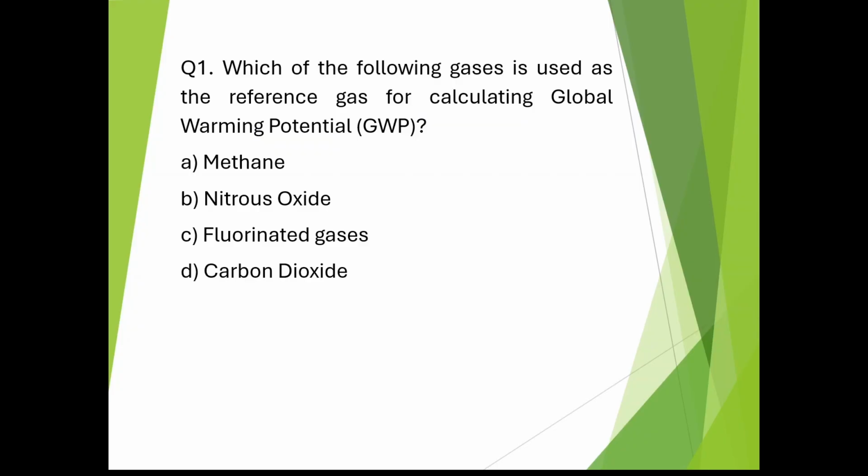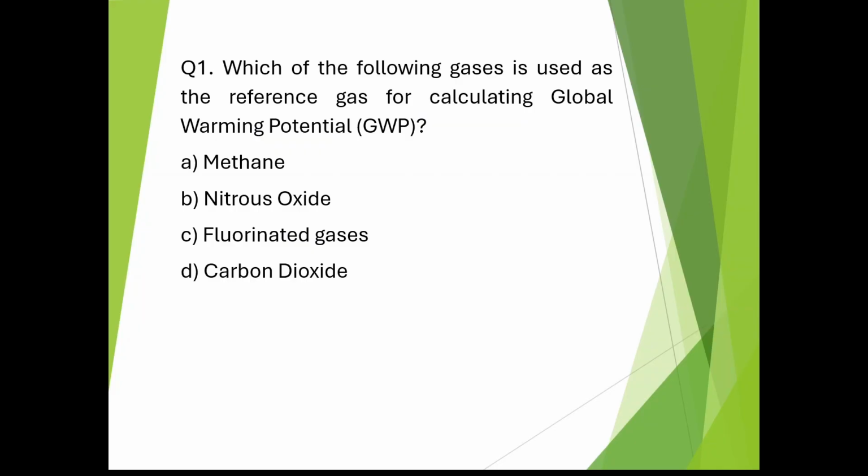Global warming potential is calculated relative to carbon dioxide, and the global warming potential of carbon dioxide is assigned as 1, and for other gases you compute it taking carbon dioxide as the reference. If the global warming potential comes as 2 for some gas, it means it has twice the effect of the emissions produced by carbon dioxide.